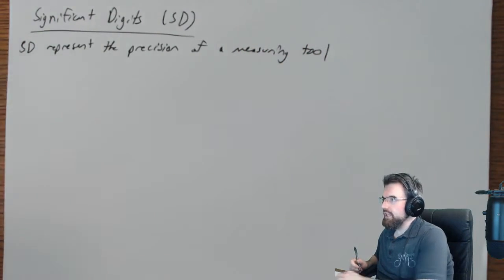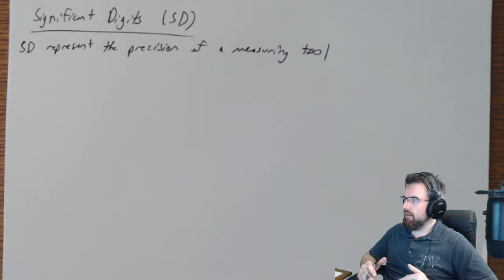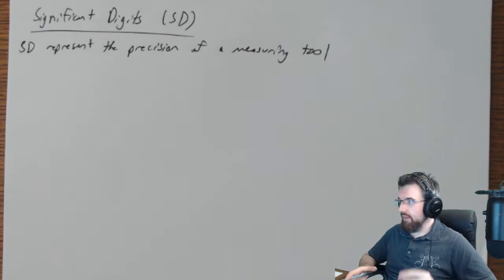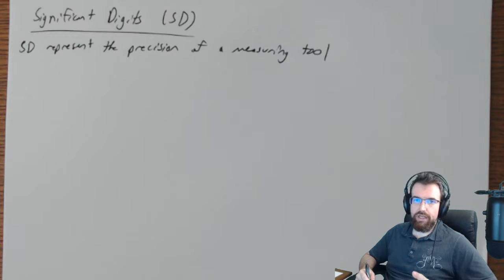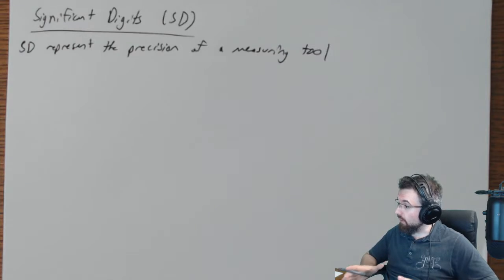Significant digits represent the precision of a measuring tool. So there are several consequences to that. One is that only measured quantities actually involve significant digits at all.